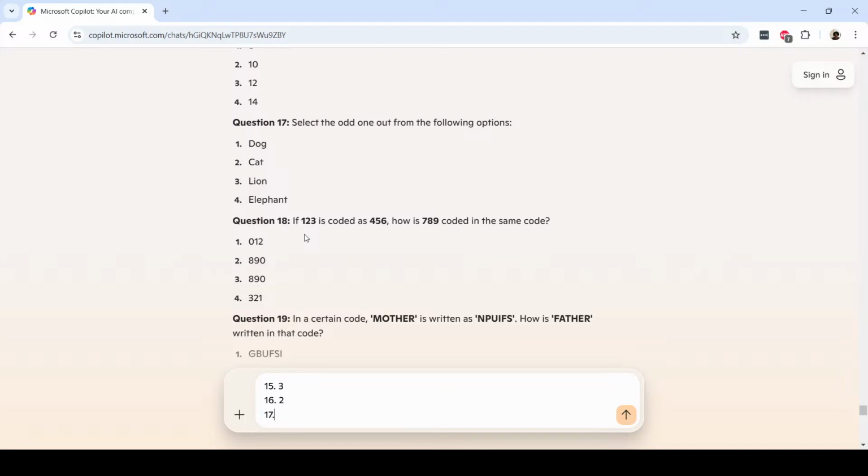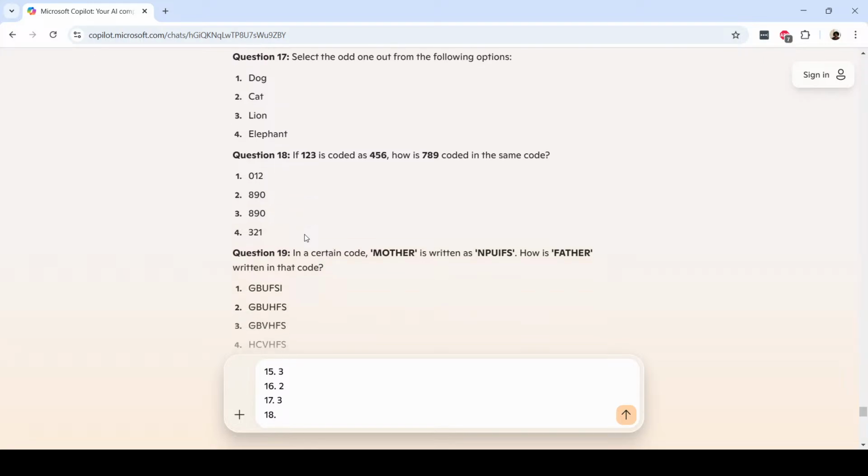All the others are non-wild, or people can have them at home. So if 1, 2, 3 is coded as 4, 5, 6, and 7, 8, 9 is coded in the same code, it will be 1, 2, 3, 4, 5, 6, 7, 8, 9. That is 0, 1, 2.